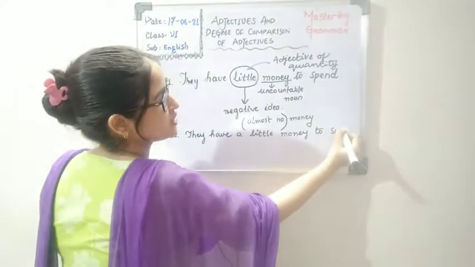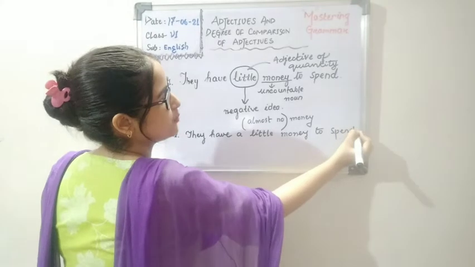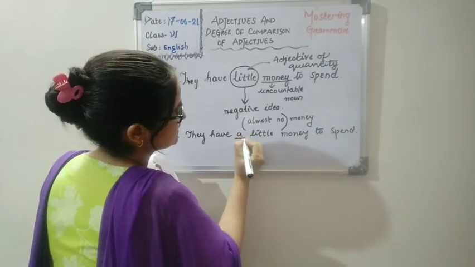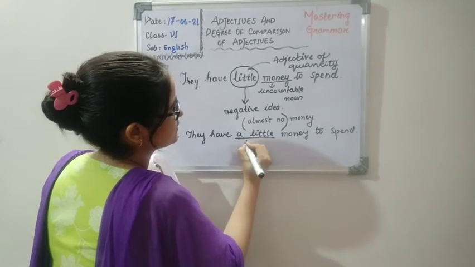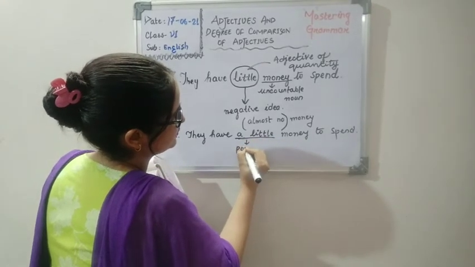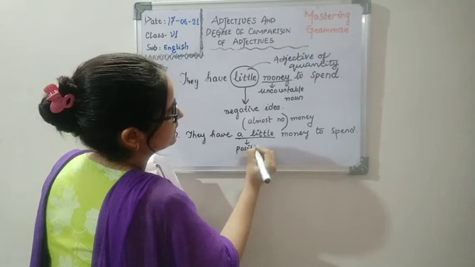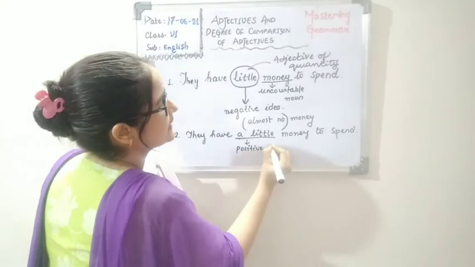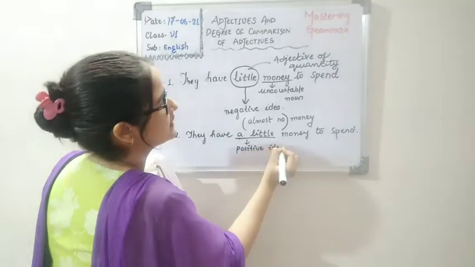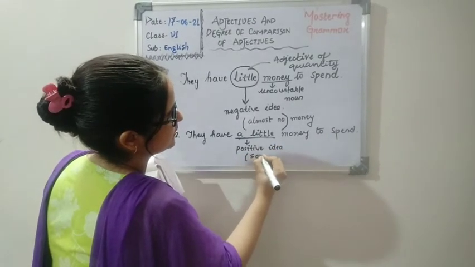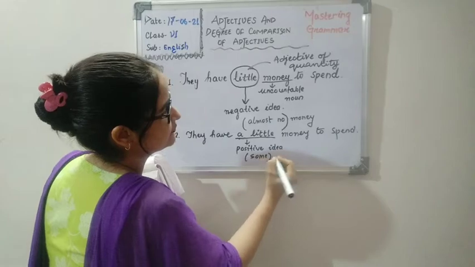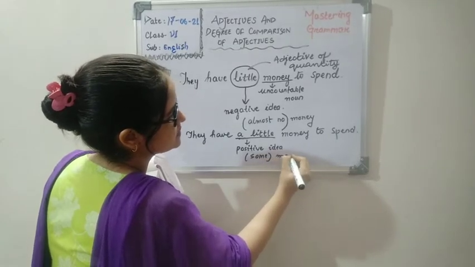This completely changes the idea. This becomes positive. When I have used this letter a with little, it becomes positive. Okay. It presents a positive idea. That means they have some money to spend.